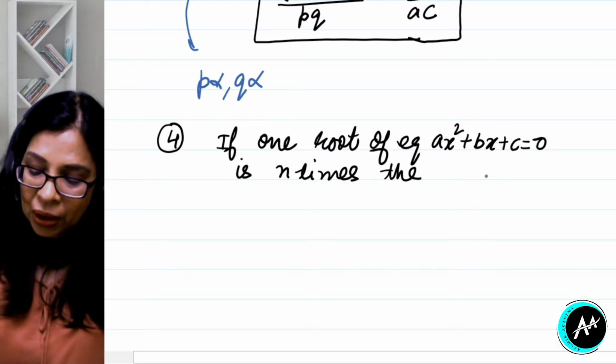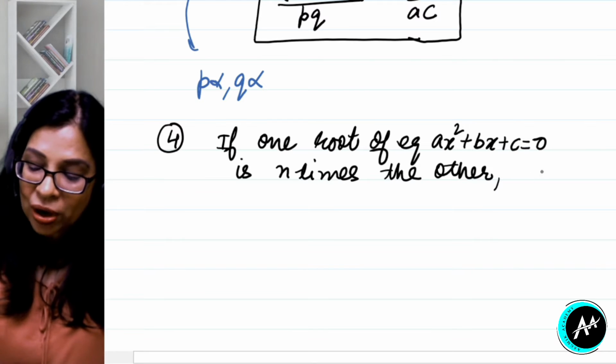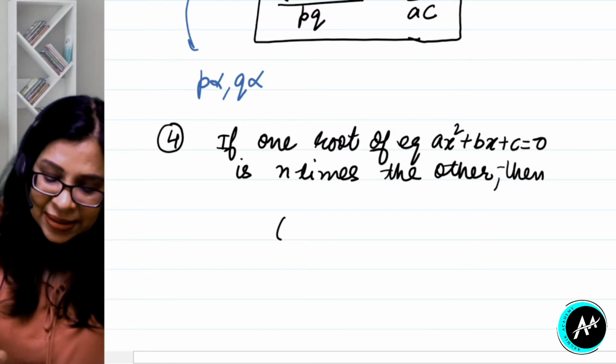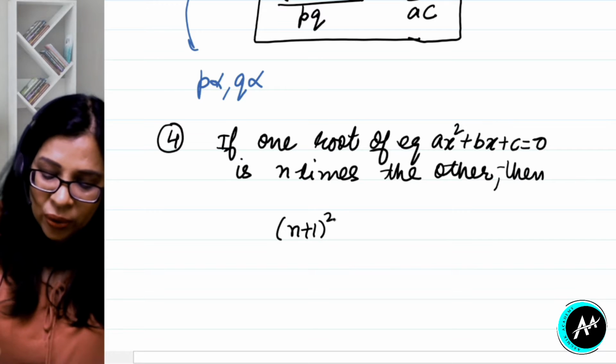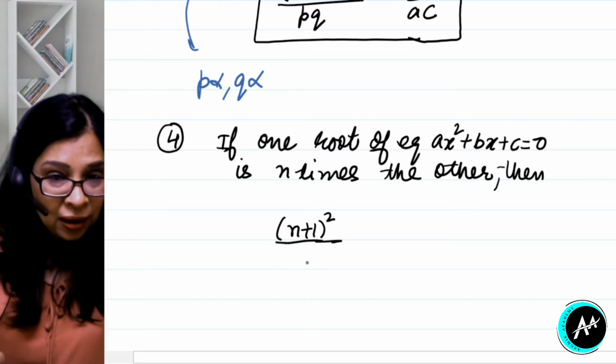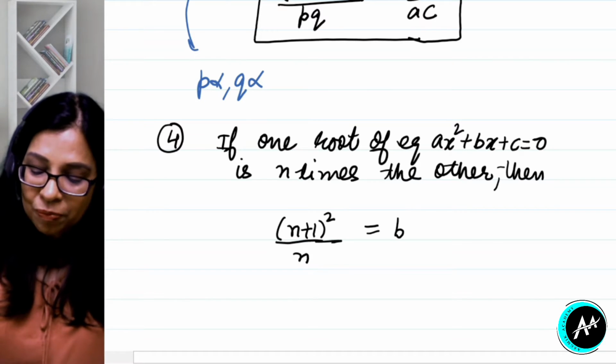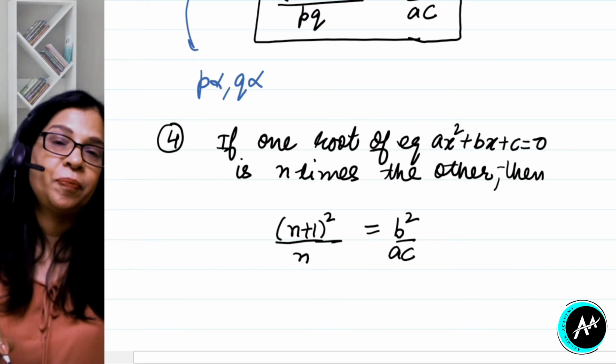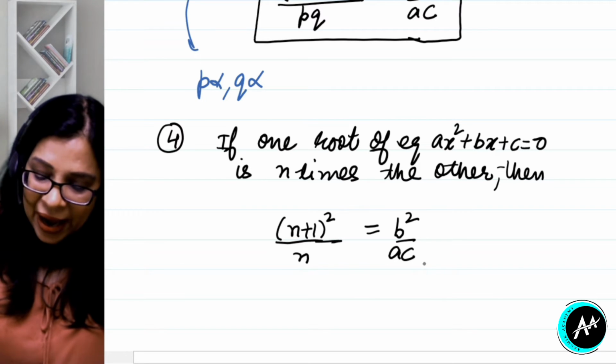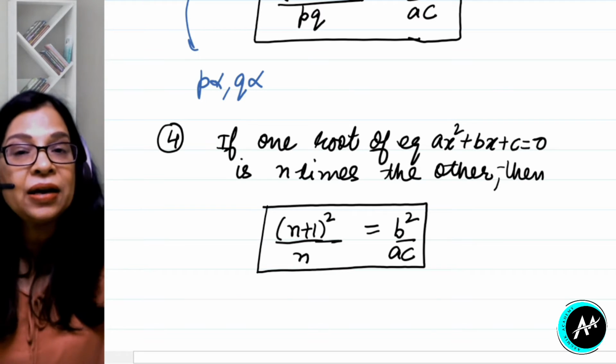Then what is the condition? Let's see, which you have to memorize. The condition is then n plus 1 whole square divided by n will be equal to b square upon ac. So that's the result that we have if one root is n times the other.